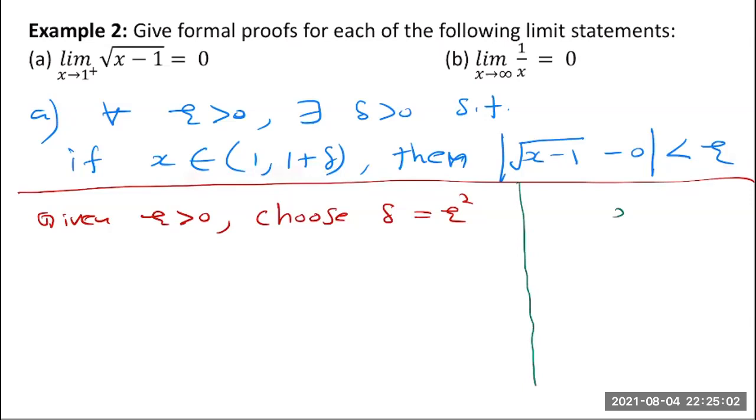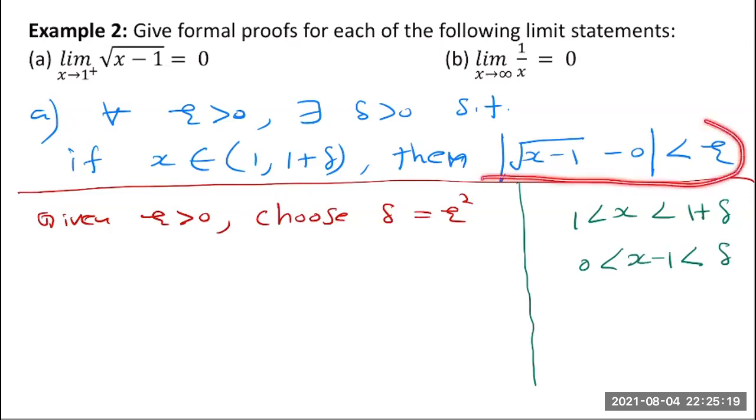X is in that interval means x has to be greater than 1 and less than 1 plus delta, right? Now, if you subtract 1 from each term, you get x minus 1 should be greater than 0 and less than delta. Okay, with that in mind, let me work with this inequality right here.